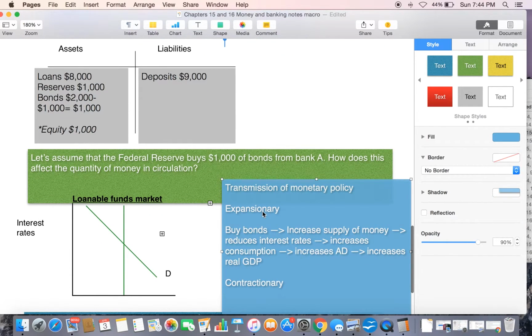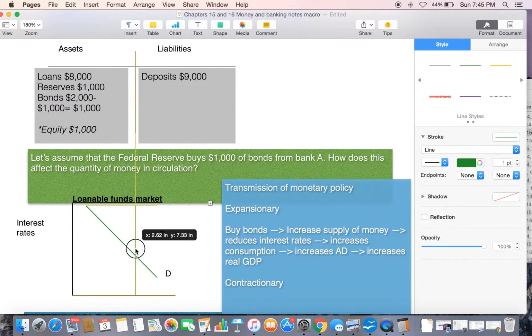So when we have expansionary monetary policy, the Fed will use open market operations to buy bonds. This increases the money supply because we see that more lending is occurring. When more lending is occurring and the money supply increases, our supply of funds would shift to the right.